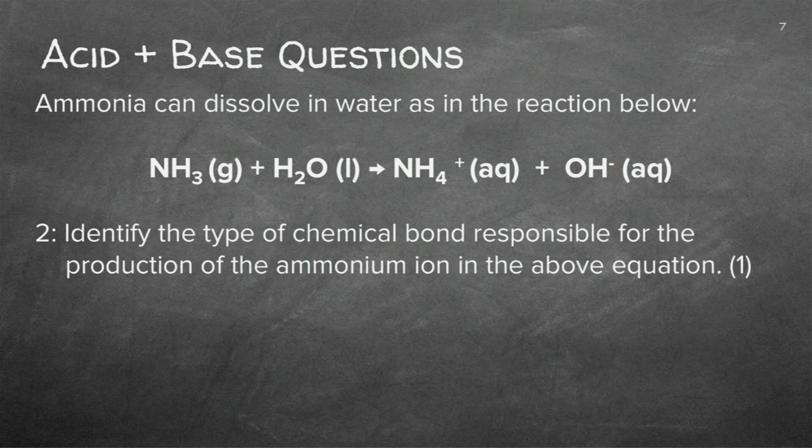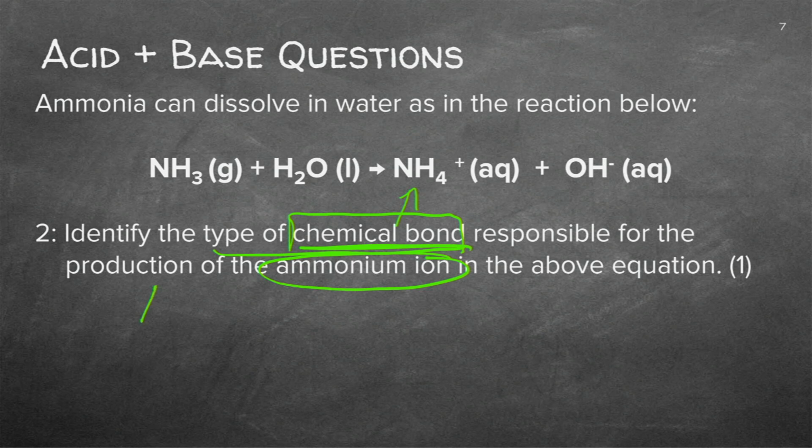In another question, based on the same equation, identify the type of chemical bond responsible for the production of the ammonium ion. So that's the ammonium ion. They want to know which chemical bond is responsible for that specific production.